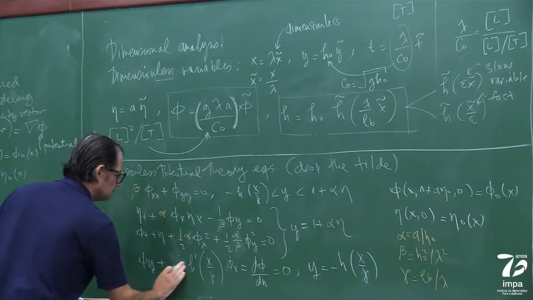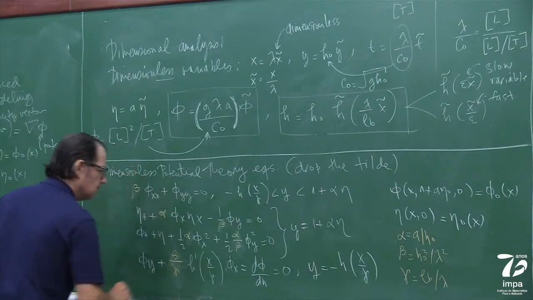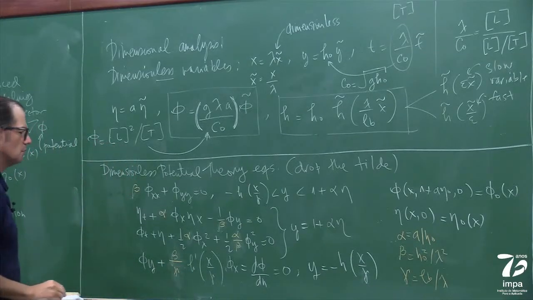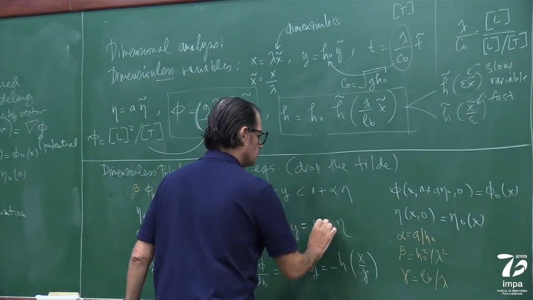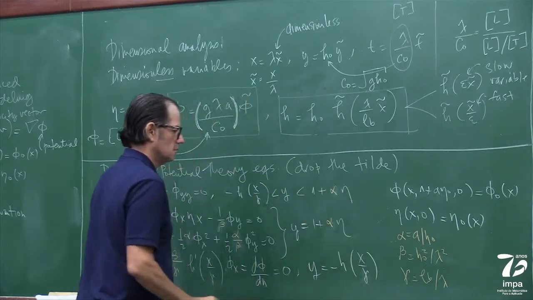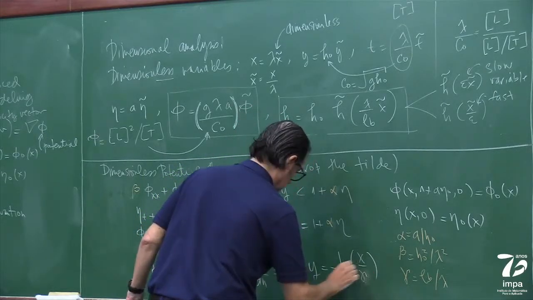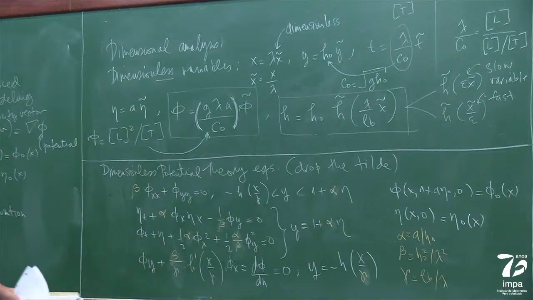Alpha over beta. Beta over gamma. Okay? Oh, and very important also, alpha here, and gamma here. Okay? So look at this.